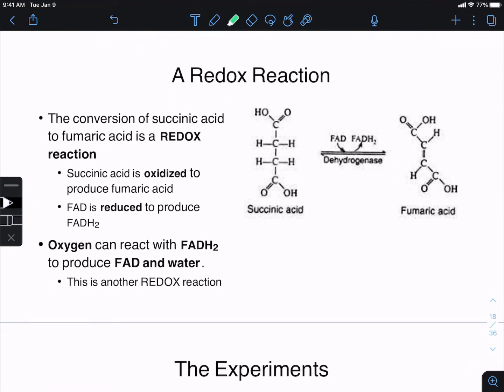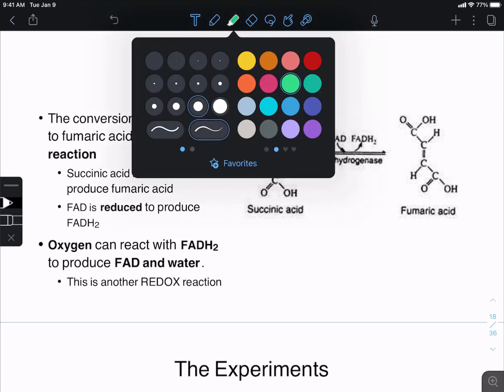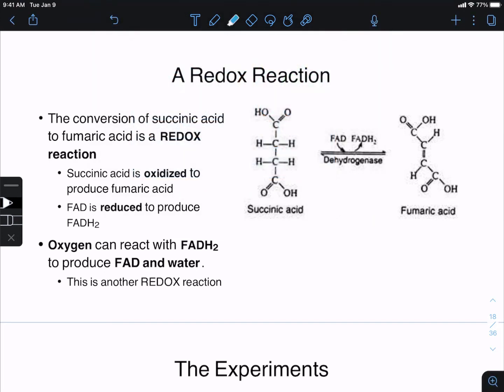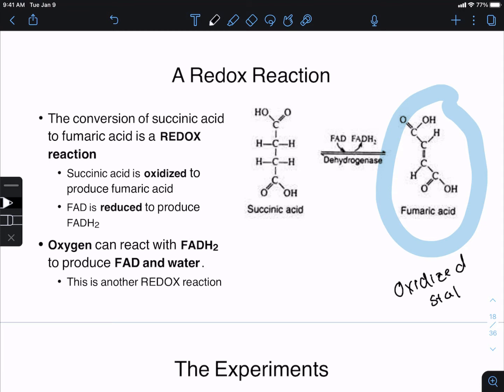When we look at the redox reaction, succinic acid is being oxidized to become fumaric acid. So fumaric acid is the oxidized state. And FADH2 right here is the reduced molecule.